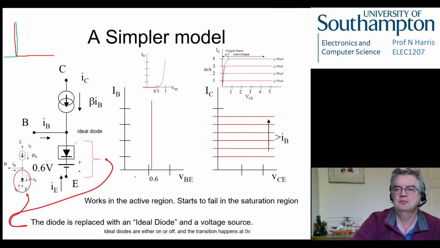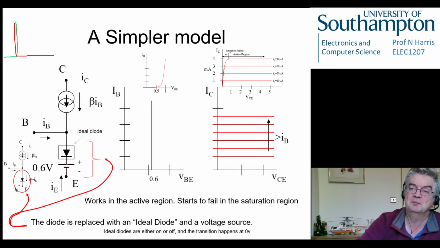As soon as the voltage across this diode becomes bigger than 0, which means the voltage between the base and the emitter becomes bigger than 0.6 of a volt, because remember we've got 0.6 volt here, so it just needs to be bigger than 0.6, then this diode is on and anything can flow through here. So that's all we've done.